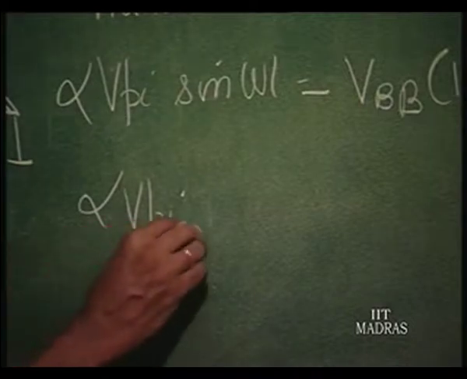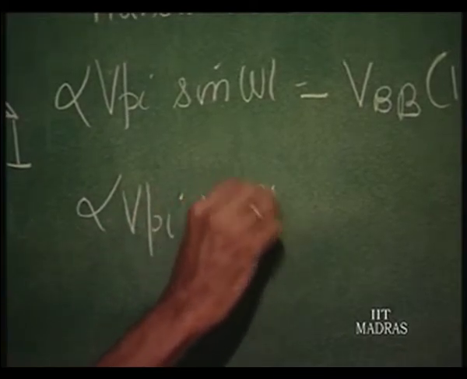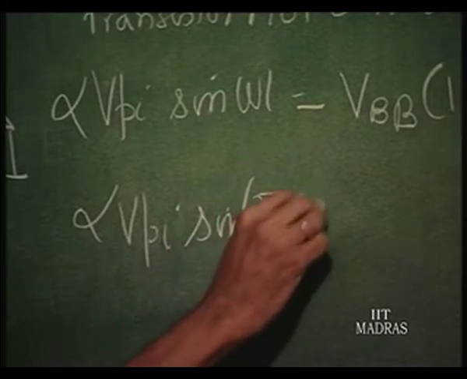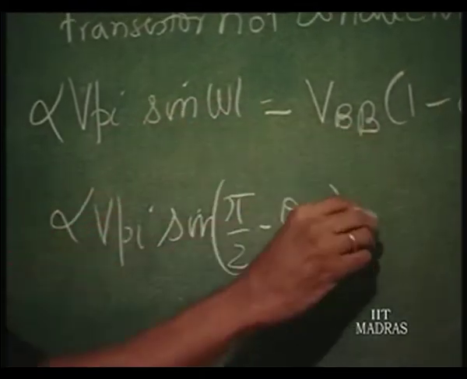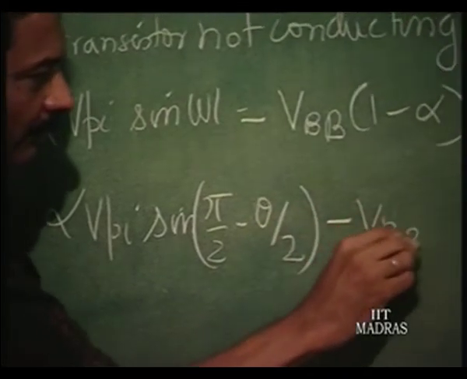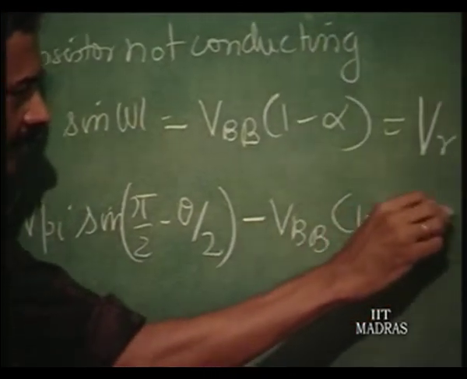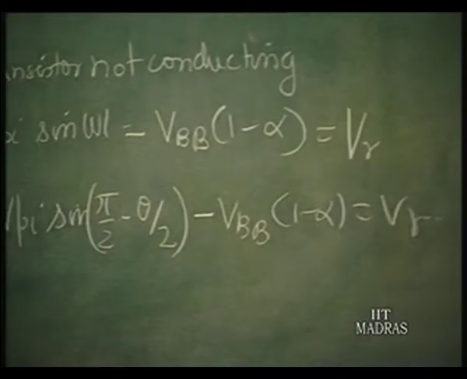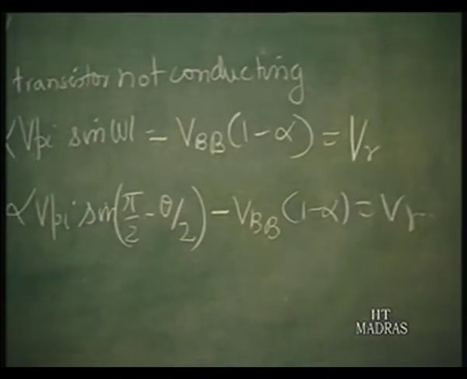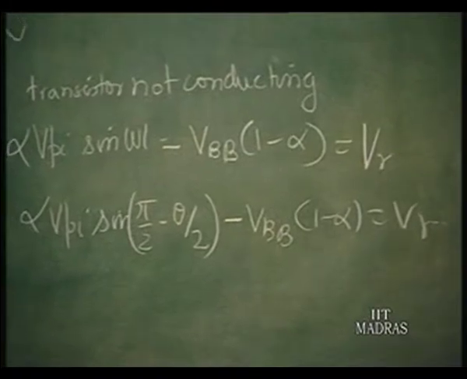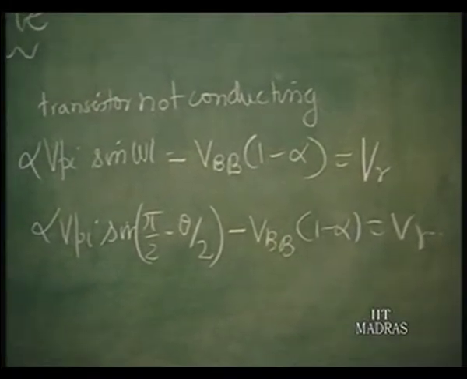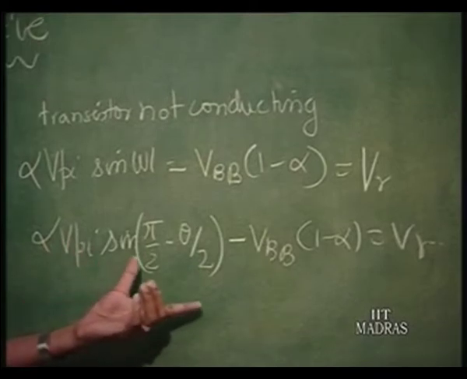So, sin of pi by 2 minus theta by 2, at that point, the voltage should be equal to Vbb into 1 minus alpha. This is one equation. At the point of conduction, this is what should just happen.